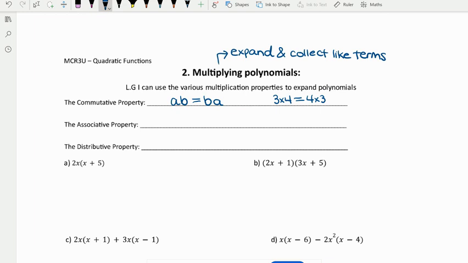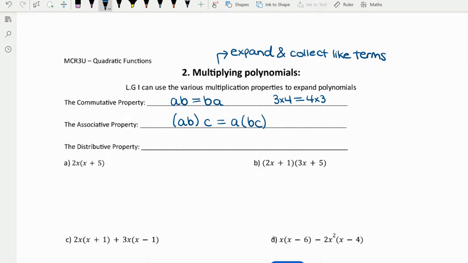Associative property means when you have A times B, bracket, times C, this is the same thing as A times the bracket B times C. So when you do A times B first and then multiply C to it, it's the same thing as B times C first and then multiplying A into it. So you can switch the order of multiplying things.